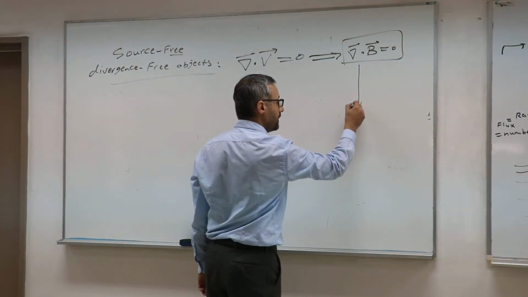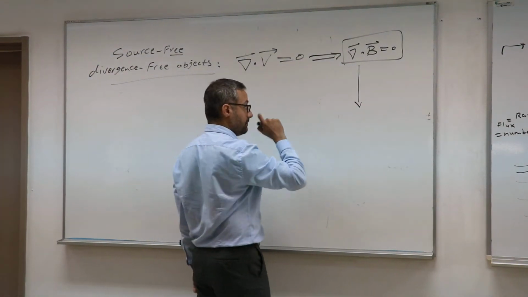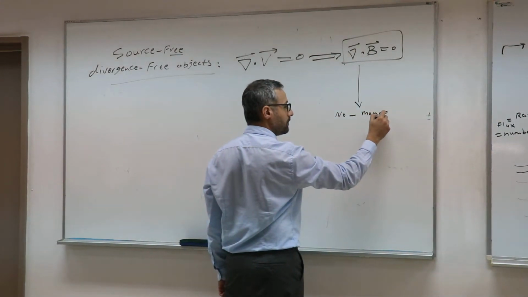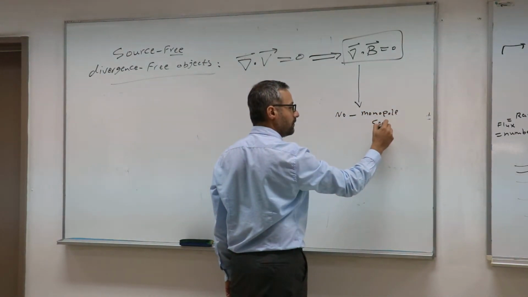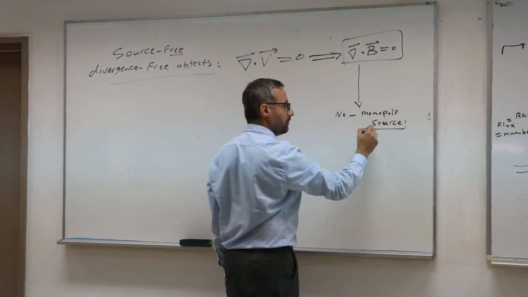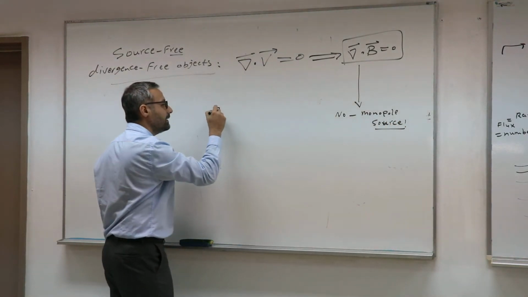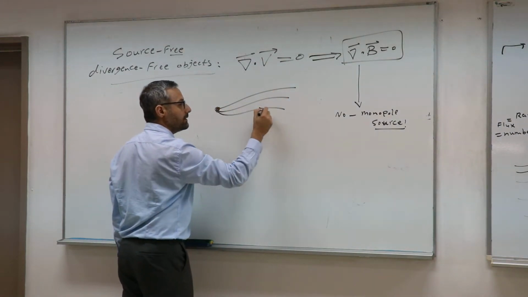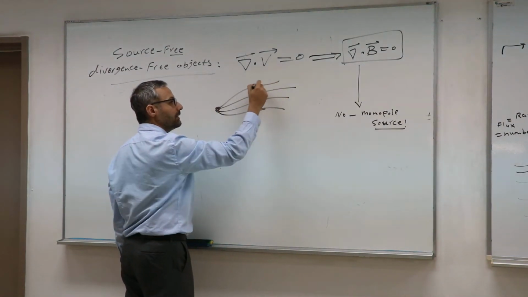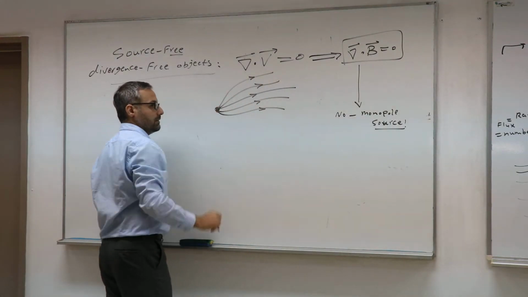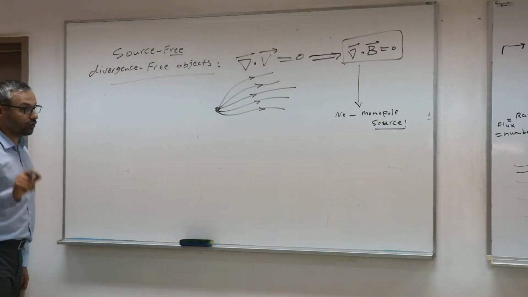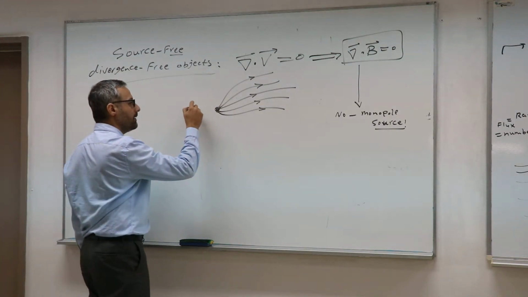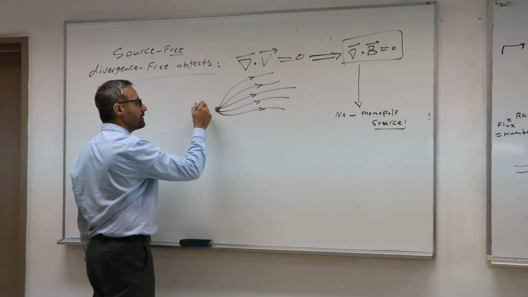These equations have a very deep meaning. No monopole source. You cannot have a source like that and produce from that some lines, vector fields like magnetic or electric. Magnetic monopole.